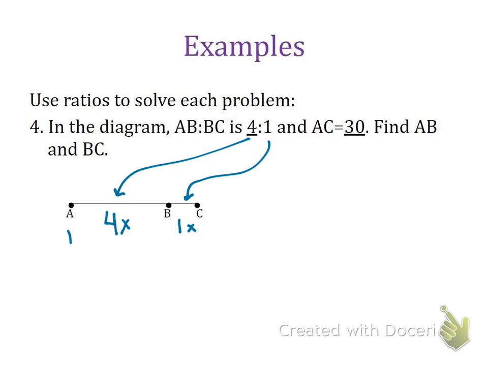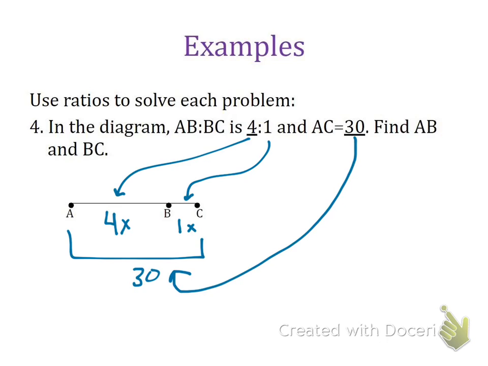And what does the whole thing equal? What does it tell us? 30. Okay. So we're going to solve for x and then plug the number back in to find the length.